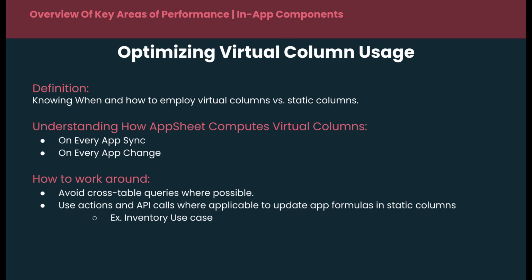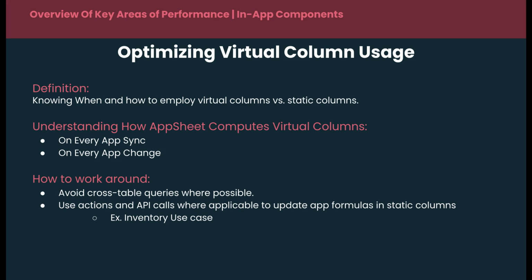I think a lot of us are aware of how taxing virtual columns can be. I think it's really helpful to know why they're taxing. AppSheet is trying to calculate these a lot, and oftentimes we don't need the refresh rate that AppSheet is generally attempting to refresh these virtual columns at.